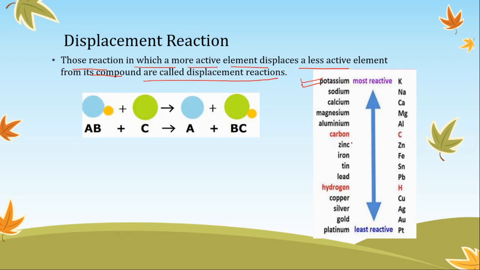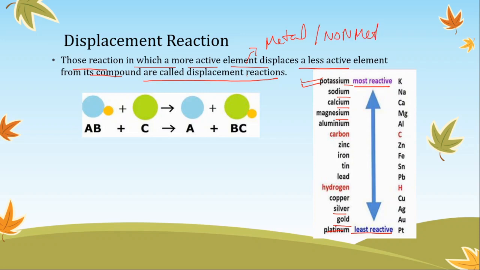This is the decreasing order of activity. The elements on the top like potassium, sodium, calcium, magnesium are the most reactive, and the elements lying down below here are the least reactive elements. These elements in this definition can be either a metal or a non-metal.